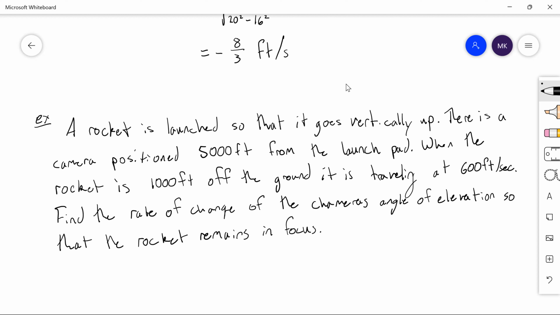We need to find the rate of change of that so that it remains focused on the rocket. Any questions so far? I have a question. Yeah. So just judging off the information, we know that our final derivative should be positive, right? Because the angle is increasing. Yep. Okay. Great observation.